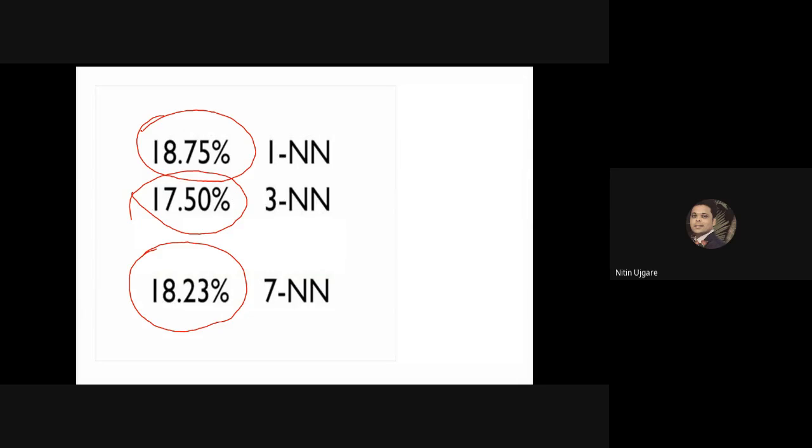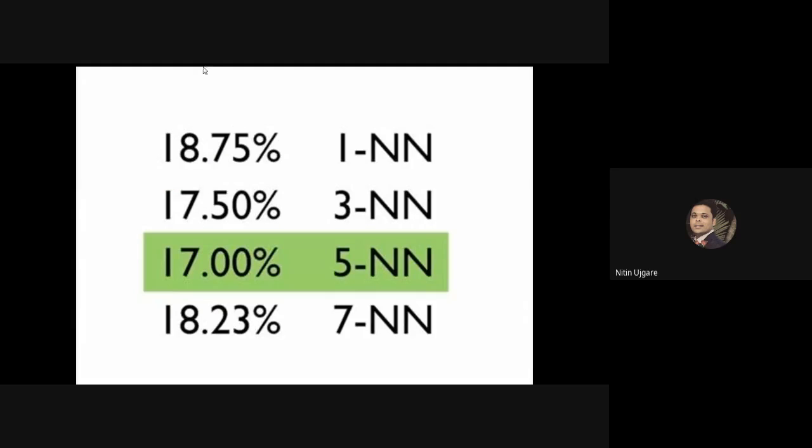So now, does anything else remain? Yes, one more version of the nearest neighbor method still remains, and this is called the 5 nearest neighbor classification algorithm. The cross validation error that we have got for the 5 nearest neighbor classification algorithm is 17%.